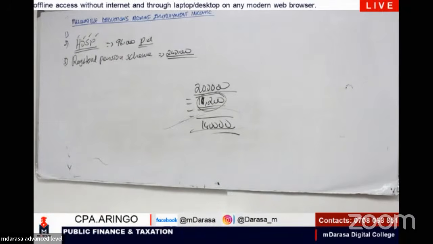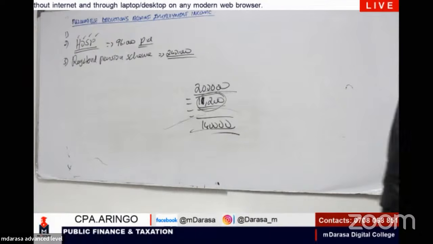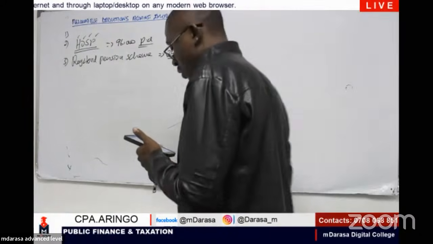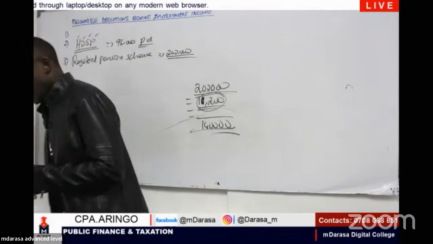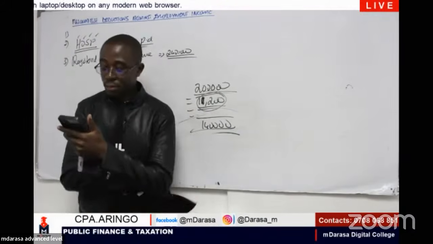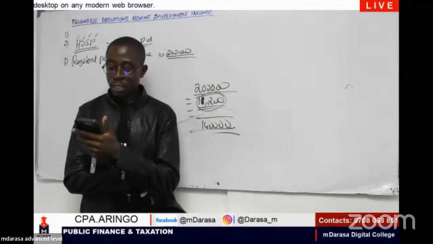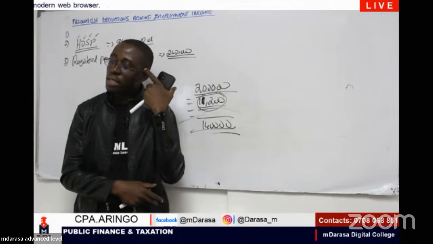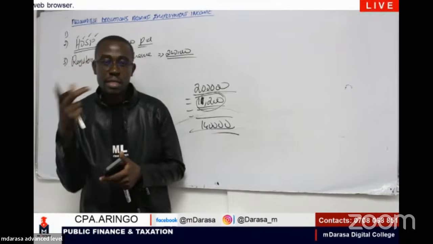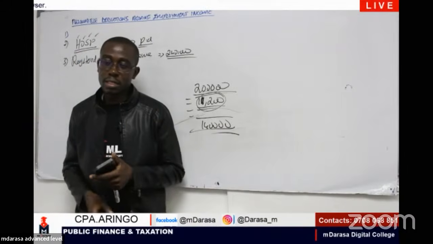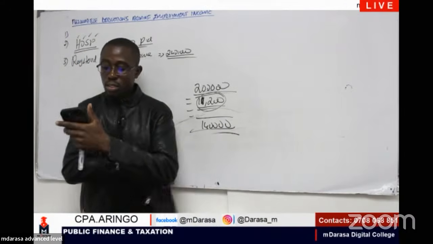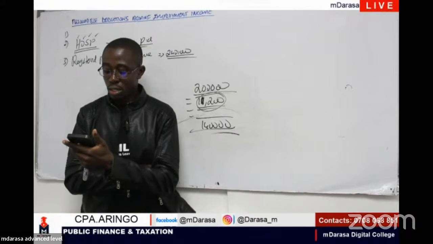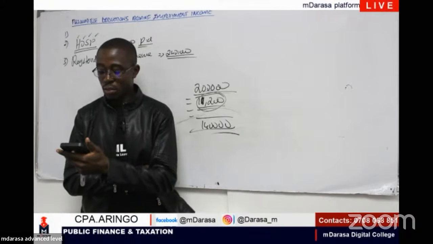The other item you're having is interest on a loan borrowed to purchase a house.